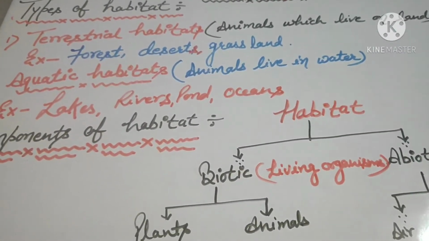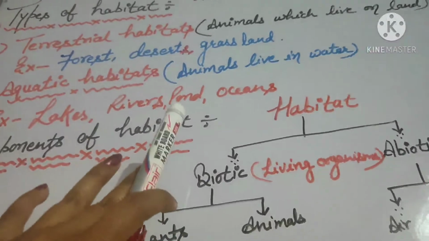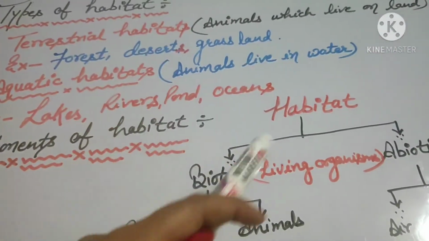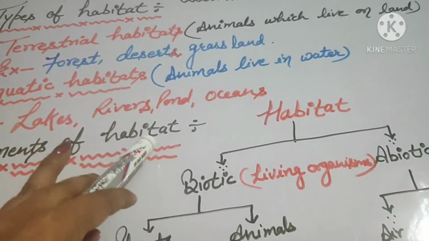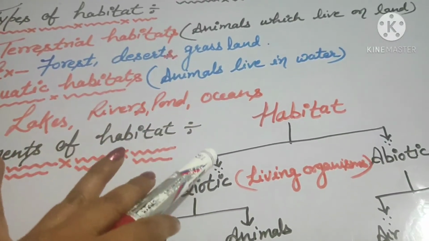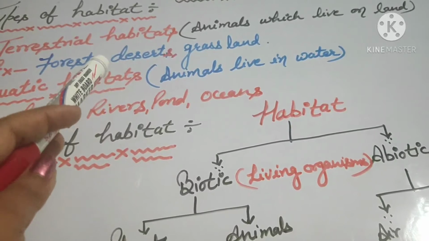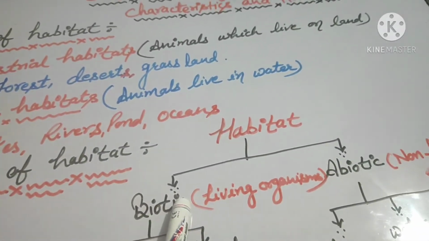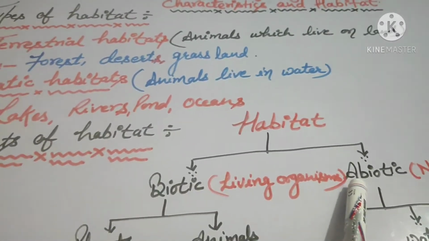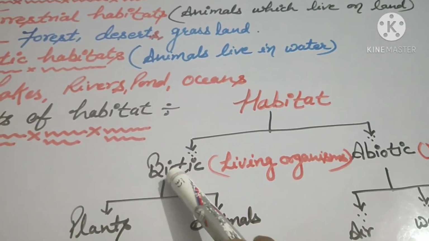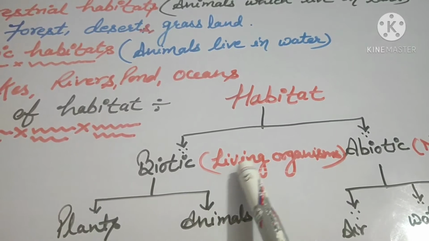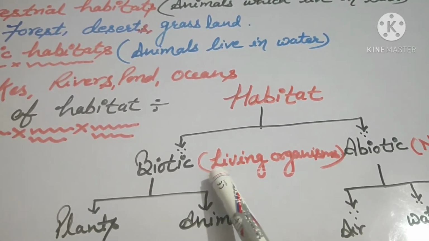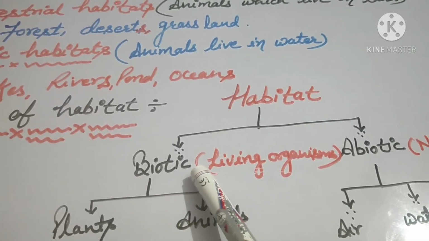Now the next one is components of habitat. So a habitat, whether terrestrial or aquatic, consists of two main components which interact with each other. These components are called biotic components and abiotic components. So all living organisms, including plants and animals, come under biotic components.